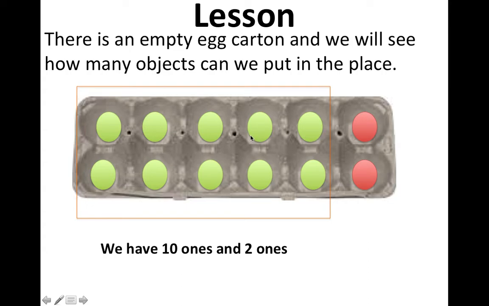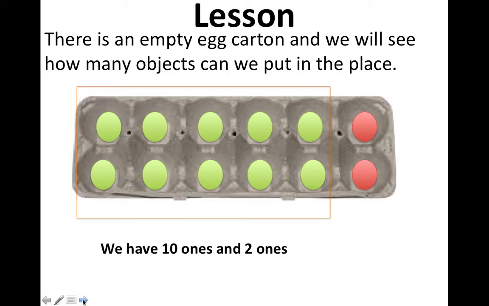Just like you'll see in the other ones, even though it's a different color, it's one egg per space. That's why it's called ones. And since we have 12 spaces, that means we have 12 ones. Or we can say we have 10 ones because we're working with tens, and then we have 2 extra ones.